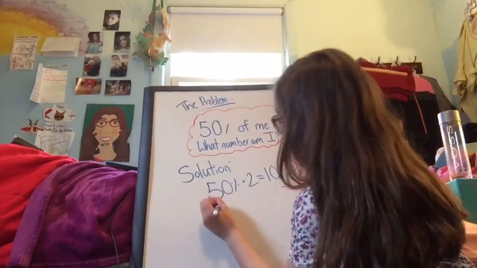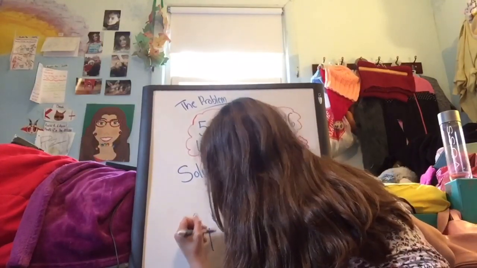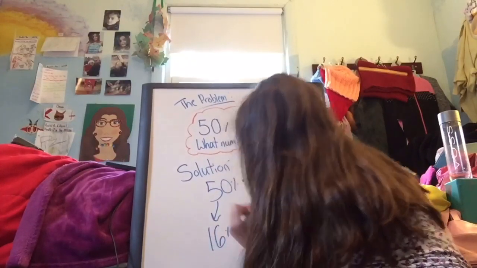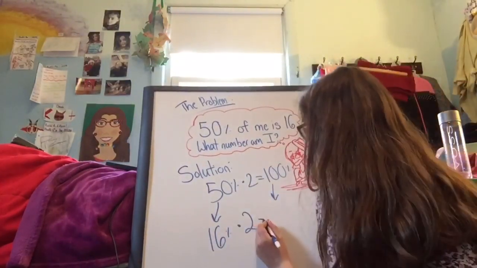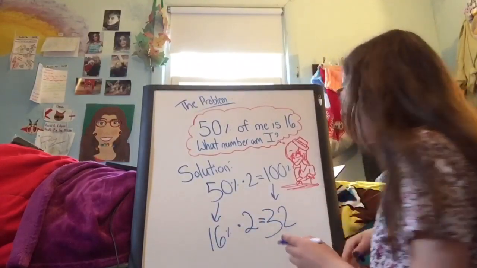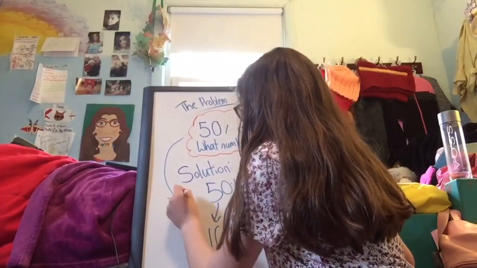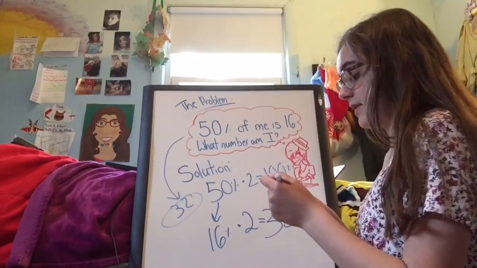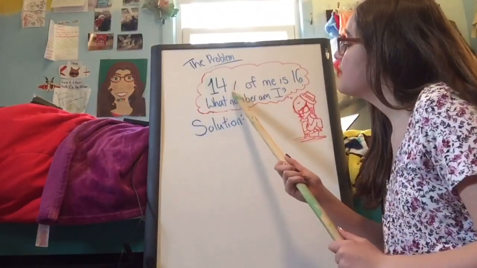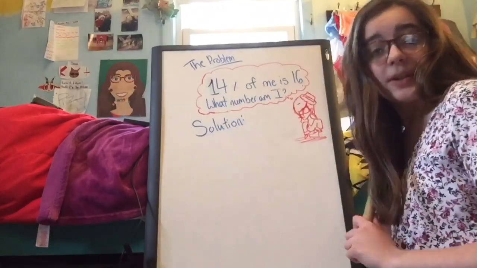So if we replace 50% with 16 and multiply it by 2, because 50 times 2 is 100, then we would get 32, which is equal to the 100%. So 50% of 32 is 16. Now our new problem is, instead of 50% of something is 16, 14% of something is 16.